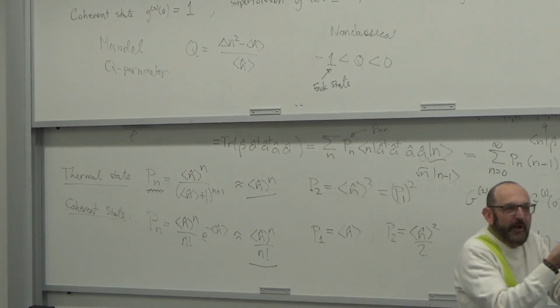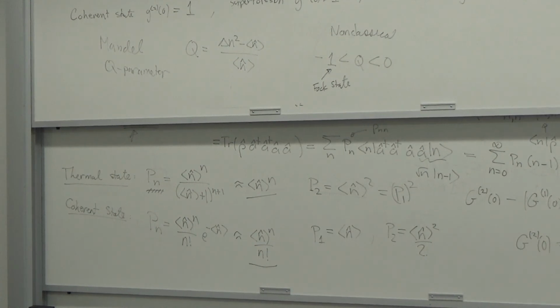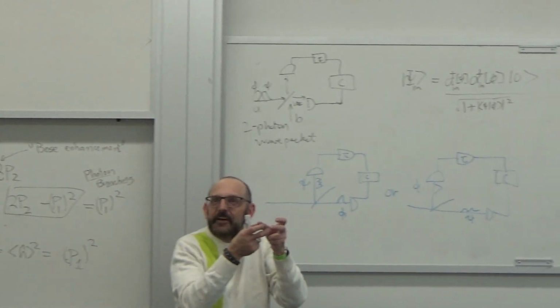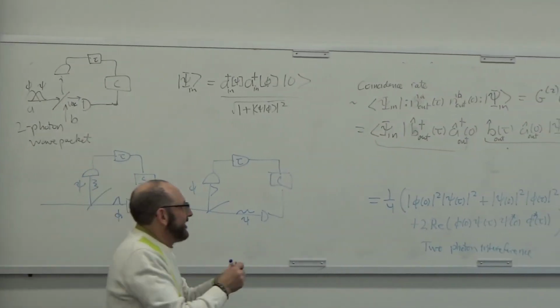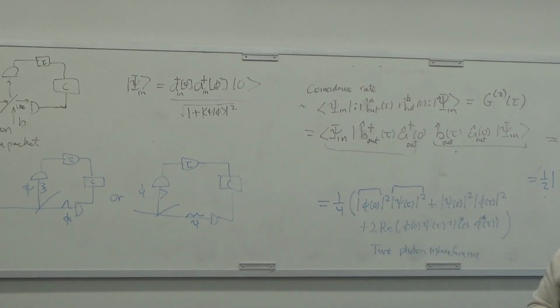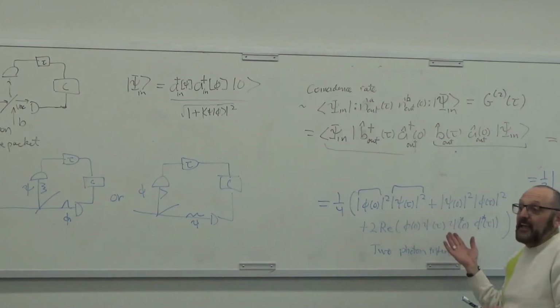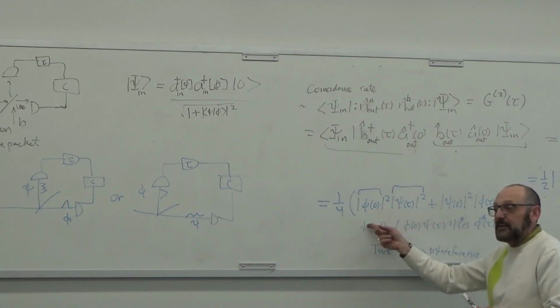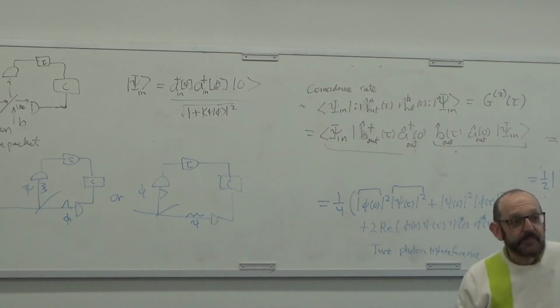And the question of whether we see coincidence counts in the Hanbury Brown-Twiss effect is just to ask whether the wave packets of these two photons overlap with one another. If they don't, then I see the statistical product here. This goes to 0.